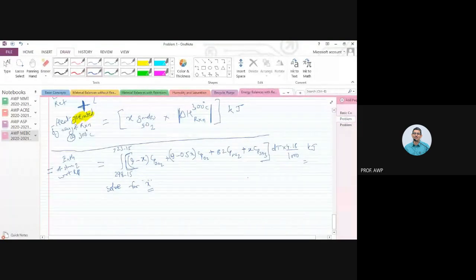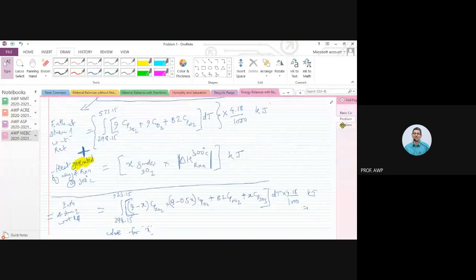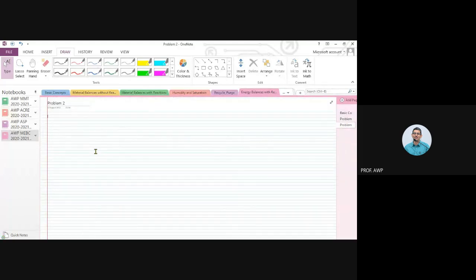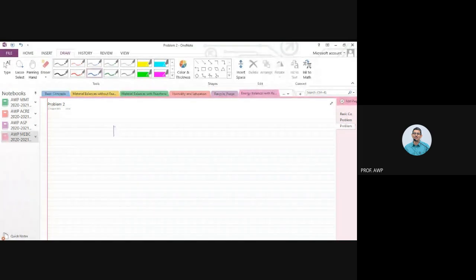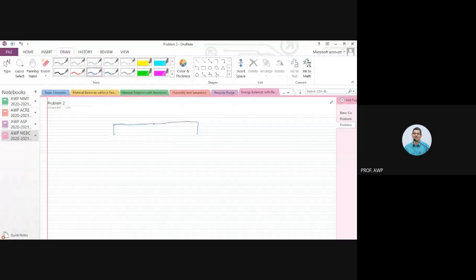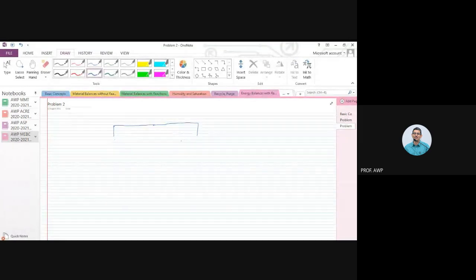Let me give you a simplified problem so that we don't do all these integrations. The chances of going wrong are less, just so that our concepts are clear. So imagine our reactor again. Similar problem, just a different set of reactions. But I will make the Cp values simpler.